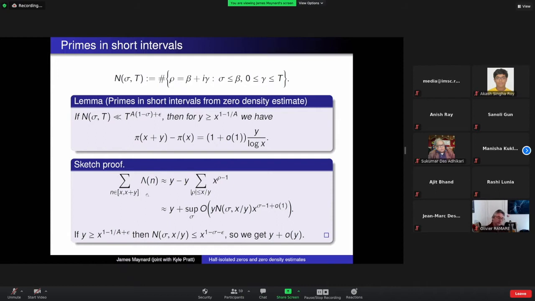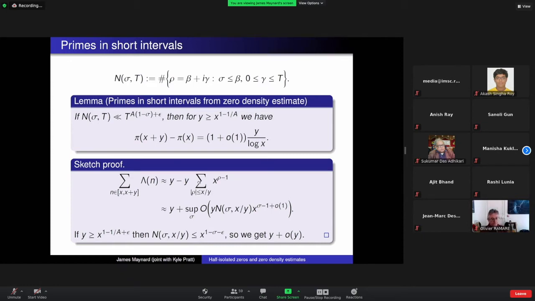You can use the explicit formula to write this as a main term, which is what we'd expect, plus some fluctuation, which is determined by the zeros of the zeta function. I may be suppressing some small error terms here, so I'm lying slightly, but essentially the count of primes in the short interval has our main term, and then what we expect to be an error term coming from zeros of height at most x over y.